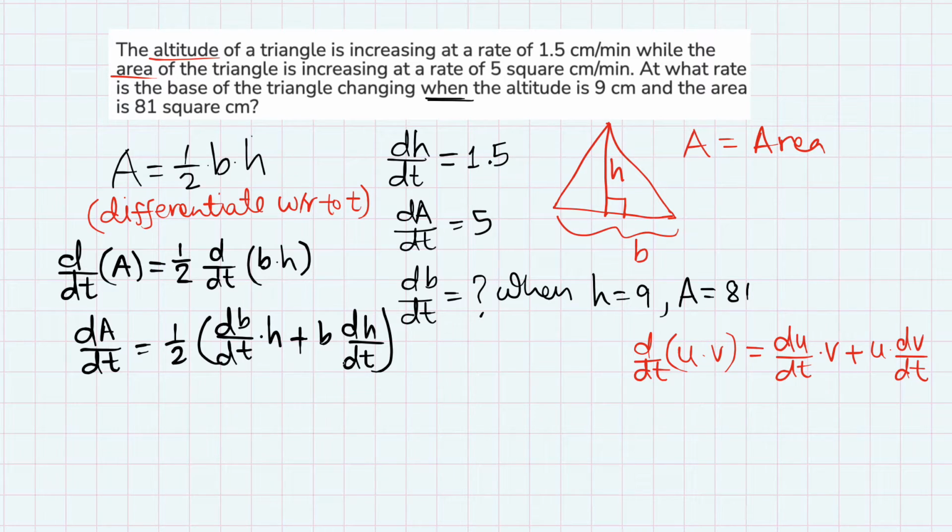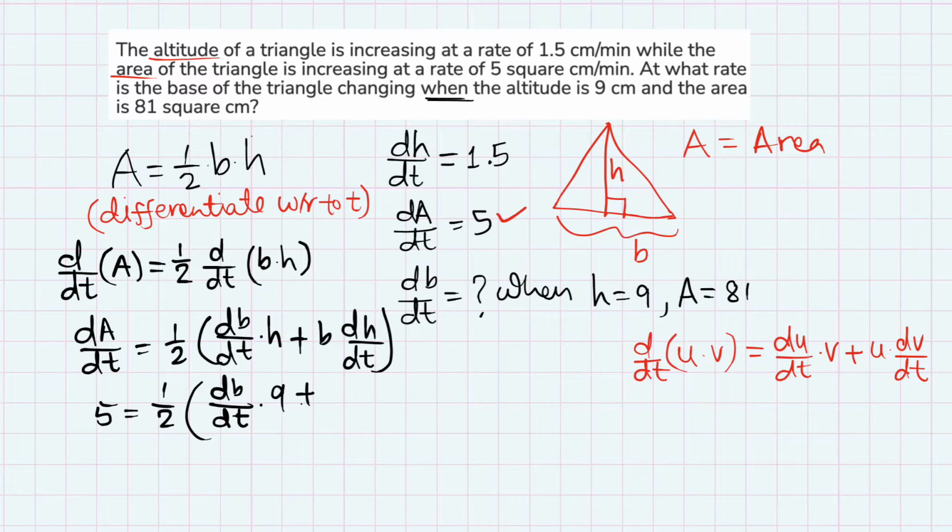Now we found the rates, so let's plug in the given values here. dA over dt is 5. So 5 equals 1/2 times dB over dt, that's what we are trying to determine, times h. H is 9, it's given, plus b.